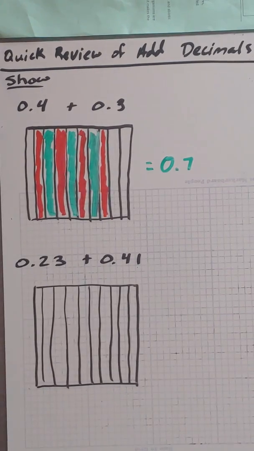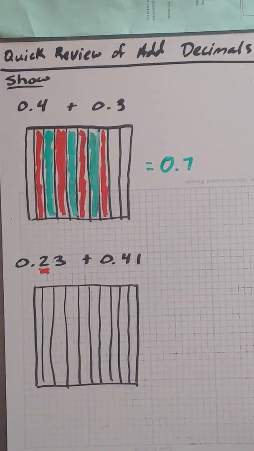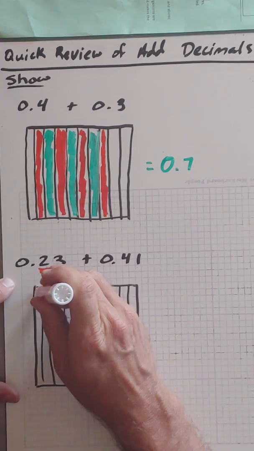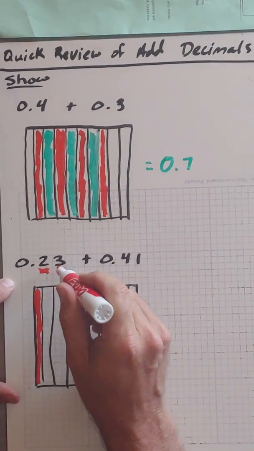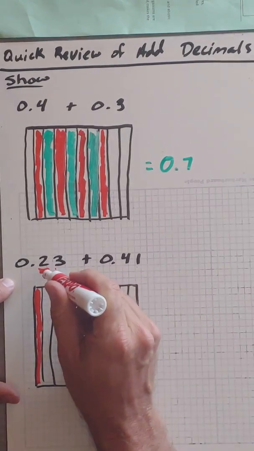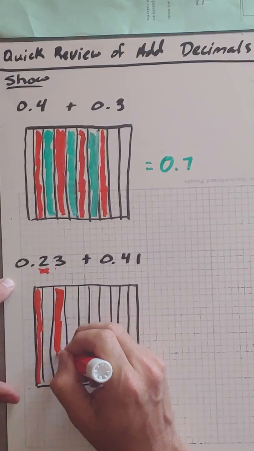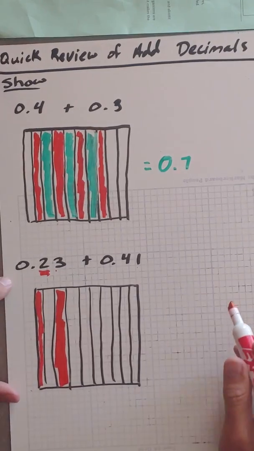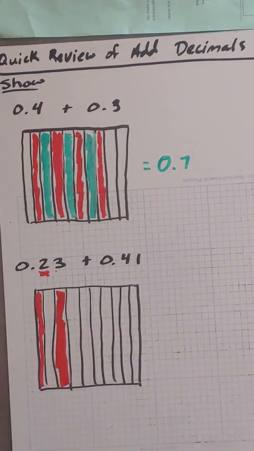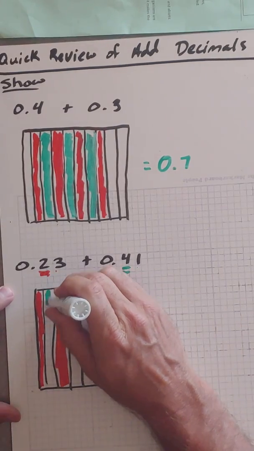And then what I'd like for my students to notice here is that we have this one right here, which is representing tenths again. So that's a full long one, just like this. And then this one is actually 2 of them. So there's another one, like that. And again, I can color in any of these long ones that I want. But then I also want them to notice that these are also the same size. They're tenths. So that means I can color in 4 of those.